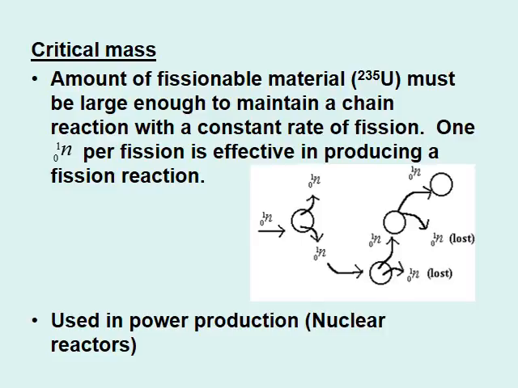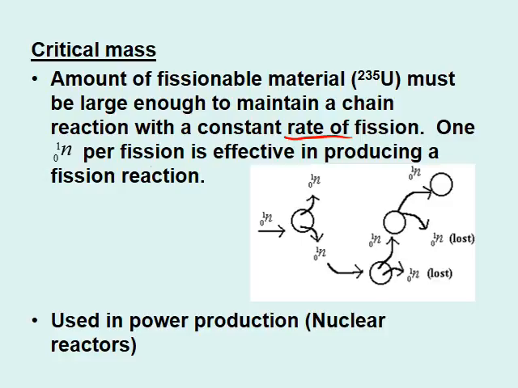Now, what is the critical mass? This is the amount of fissionable material that must be large enough to maintain a chain reaction with a constant rate of fission, and I'll explain that to you. Now, if you remember that when I have given you a number of fission reactions, in each case you had more than one neutron as the product.